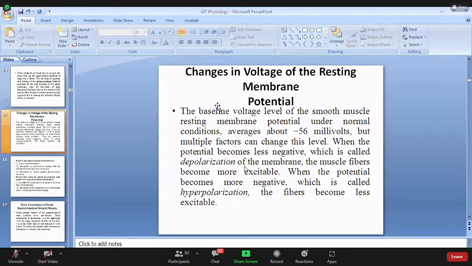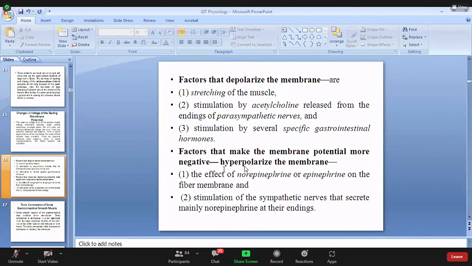When the potential becomes less negative, we call it depolarization of the membrane. Depolarization means the muscle fibers become more excitable. But when the potential becomes more negative, we term it hyperpolarization. That means the fiber becomes less excitable.